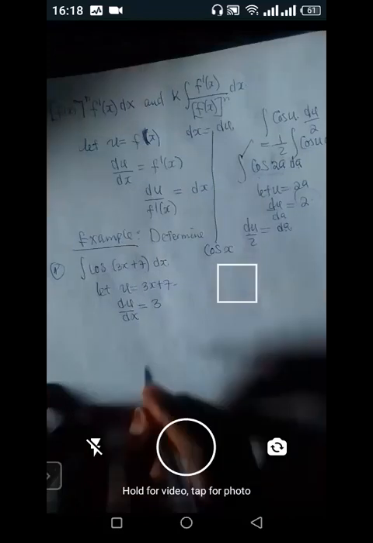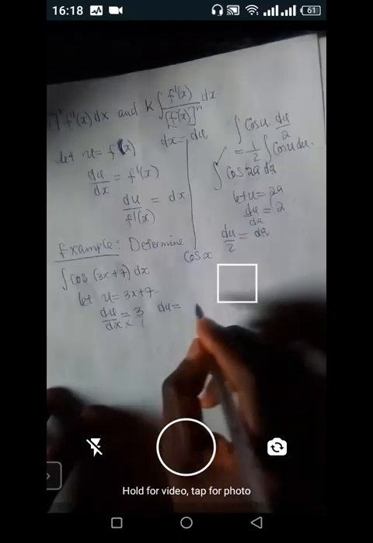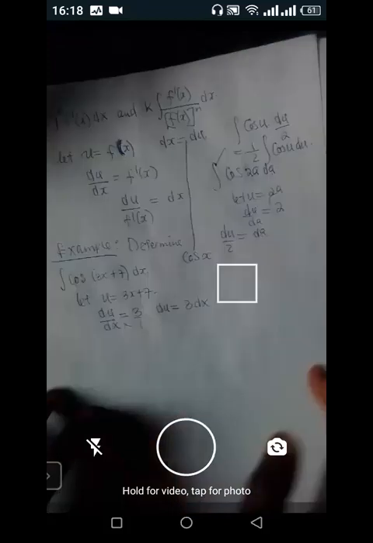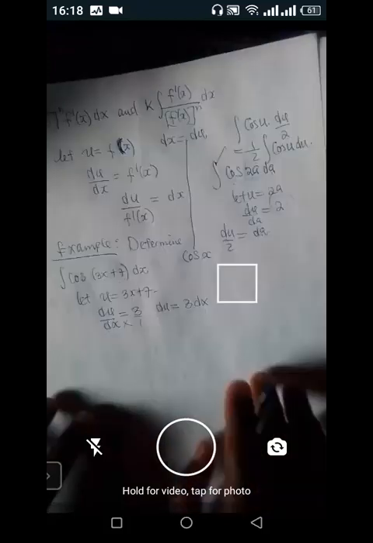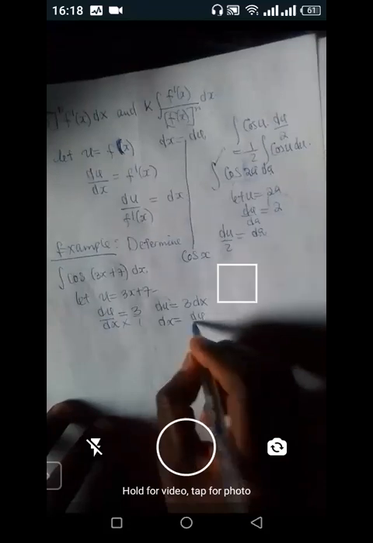Then we can cross multiply to get du is equal to 3 dx. To find dx, you divide both sides by 3. So your dx will be du over 3.